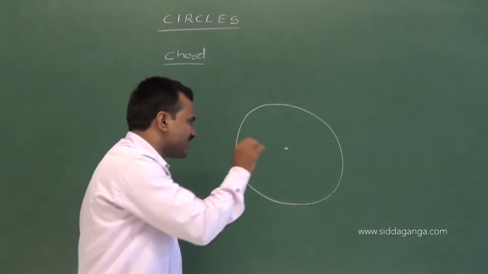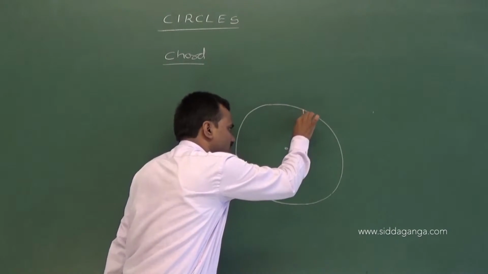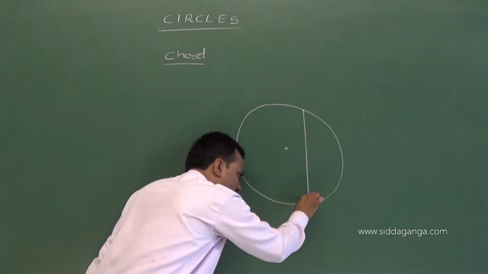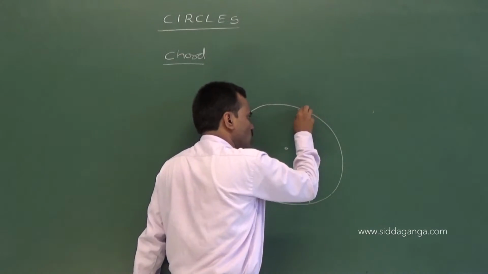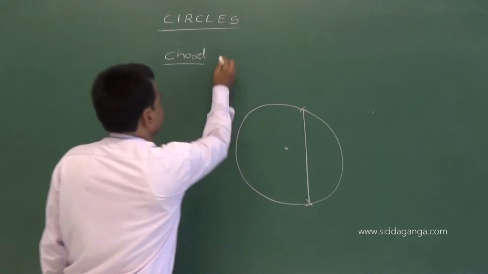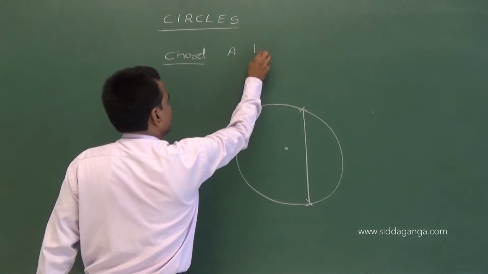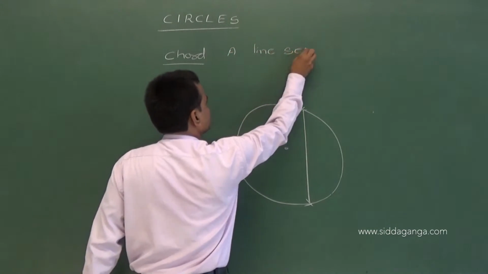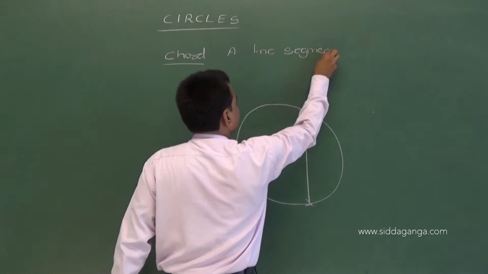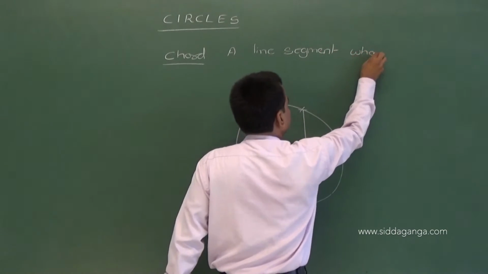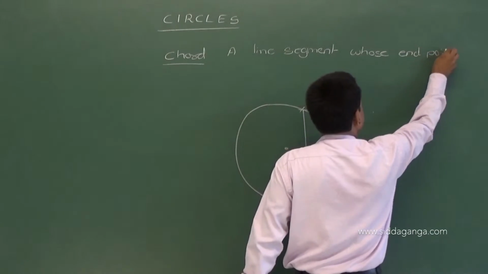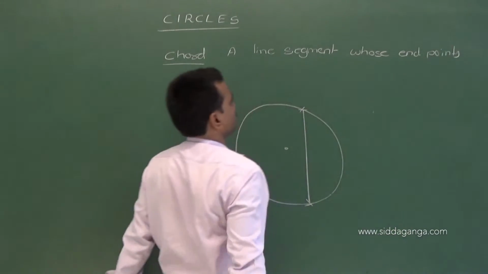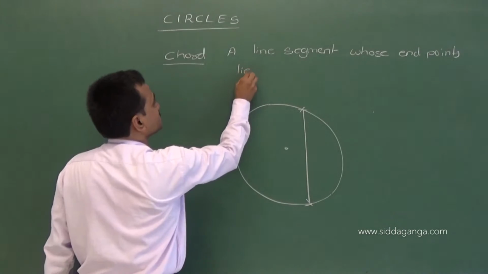Chord means a line segment whose end points lie on the circle.